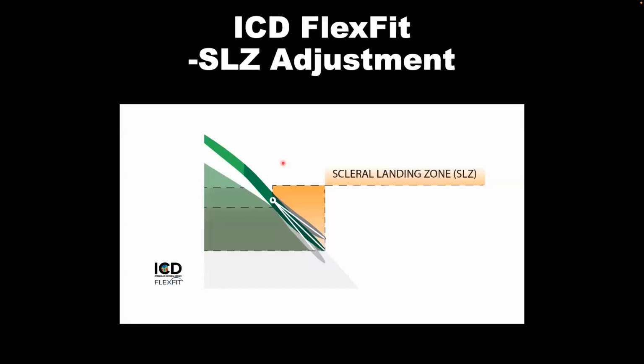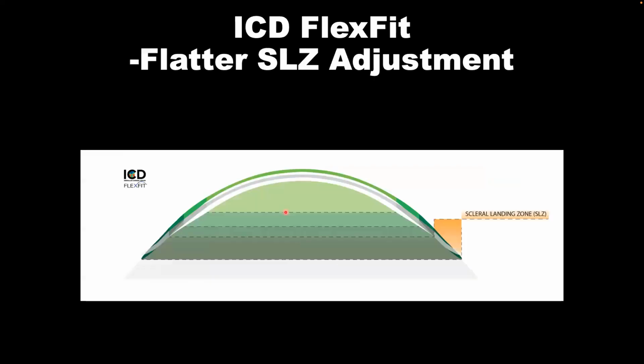As well, here you have the scleral landing zone, and you can go down, which is getting more near the sclera, and going up will flatten the scleral landing zone. So that's something to take into account.